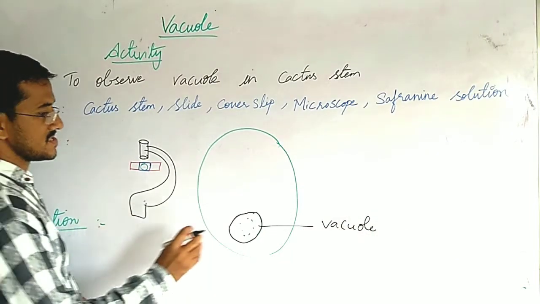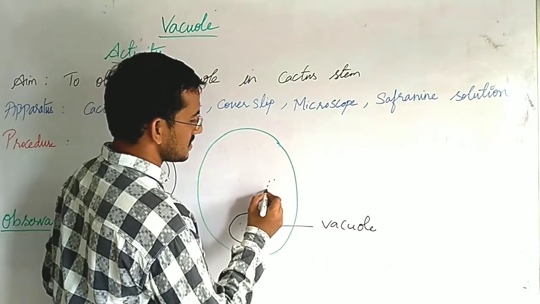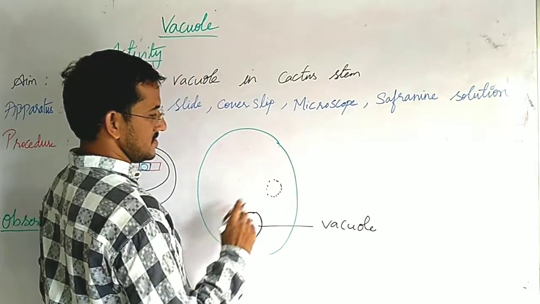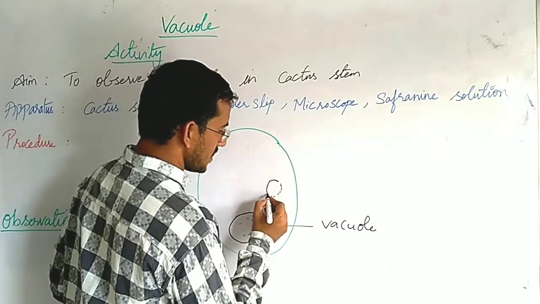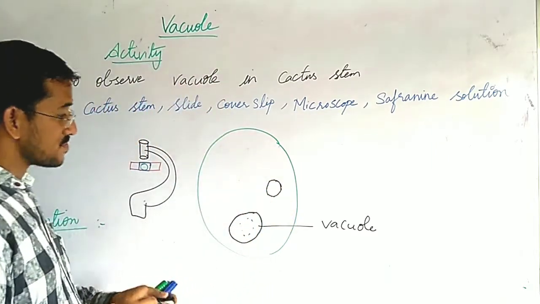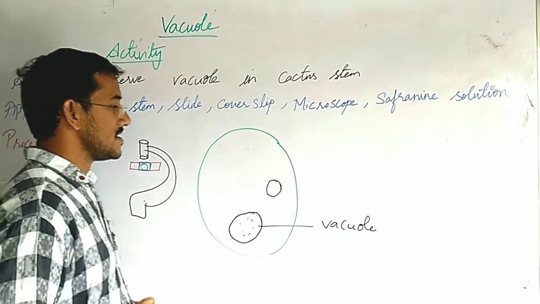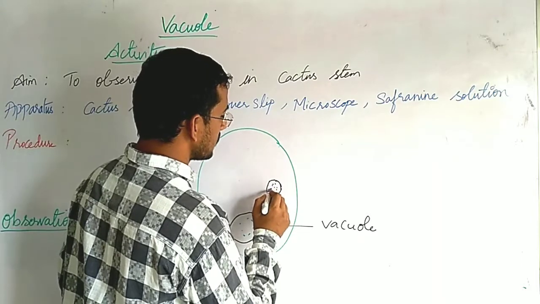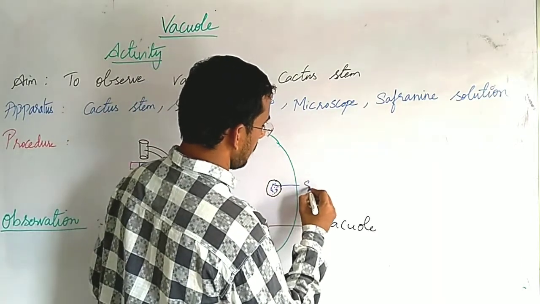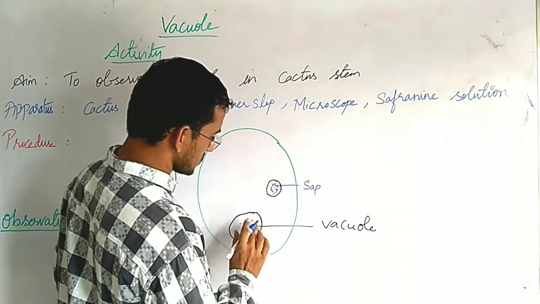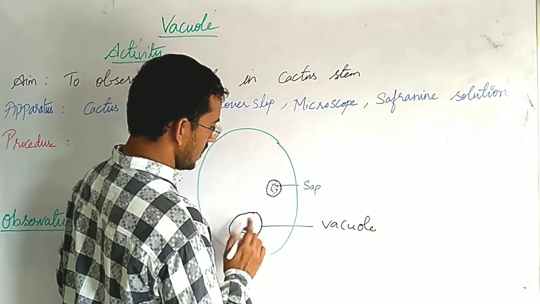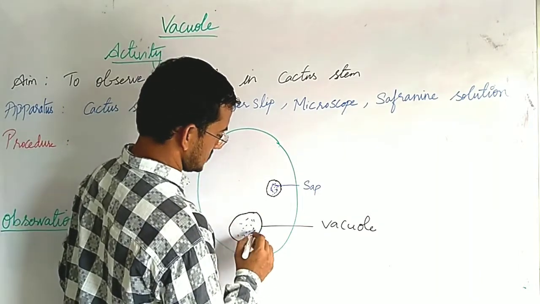Your observation is some empty spaces are present inside the cell, surrounded with the membrane, and this space is filled with some fluid, and this fluid is called sap.